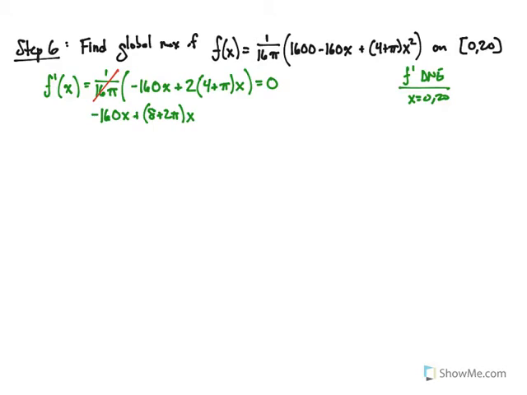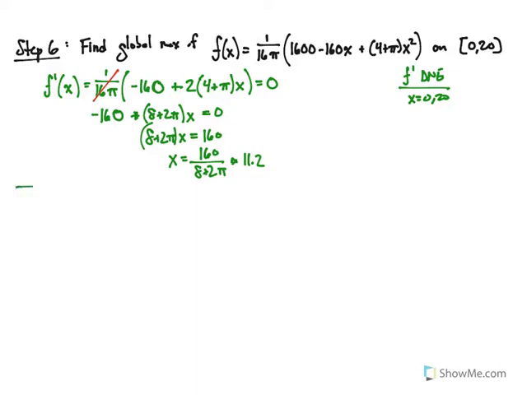This is not 160x, just 160, as the derivative of 160x is 160. Set this equal to 0. We get 8 plus 2 pi, x equals 160. So x is 160 over 8 plus 2 pi, which is about 11.2 or so.